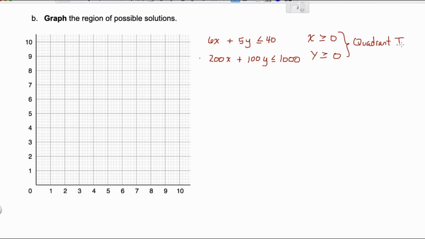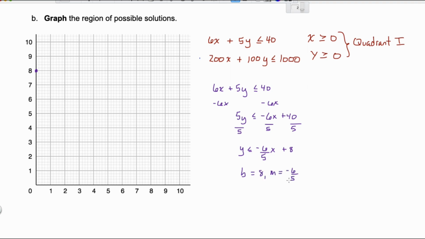So let's graph these 2 linear inequalities here, and you guys know how to do this. We're going to put our equation in y equals mx plus b form, and then determine the y-intercept and the slope, which this first one has. We have 8 and negative 6 over 5.